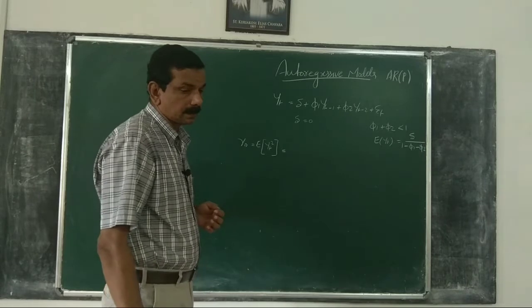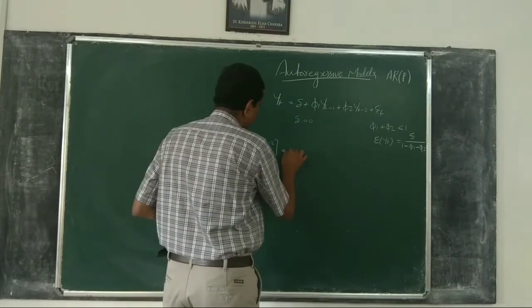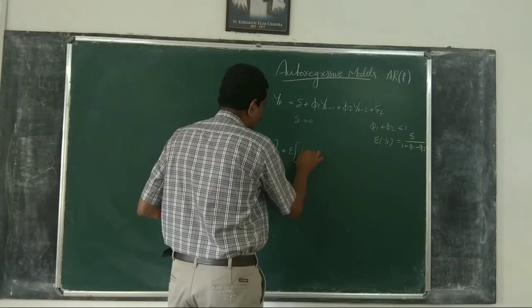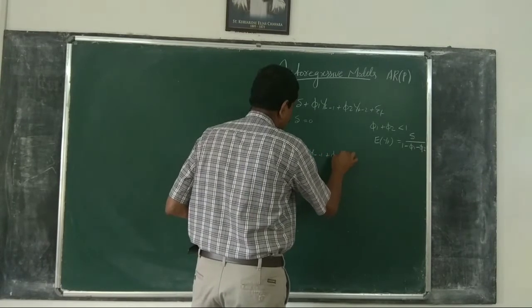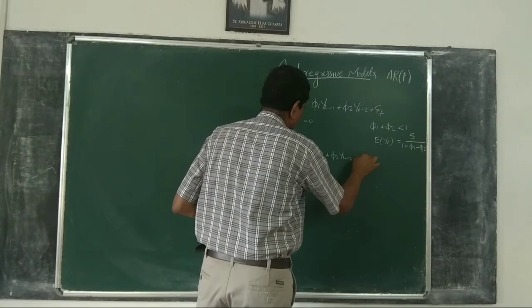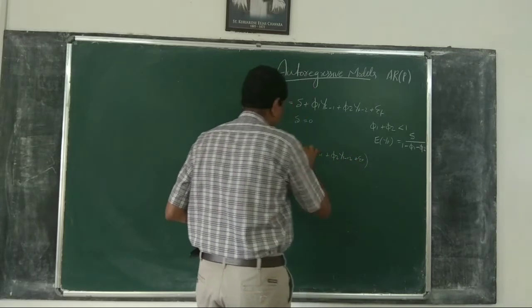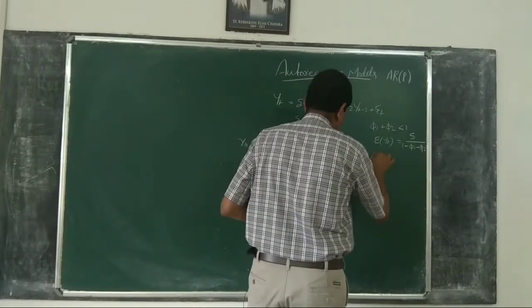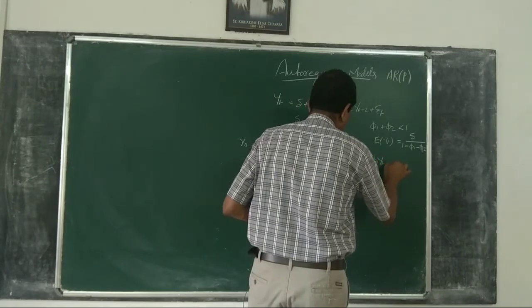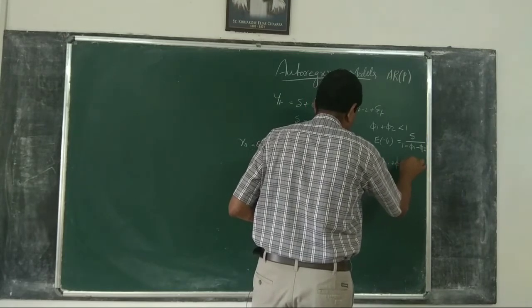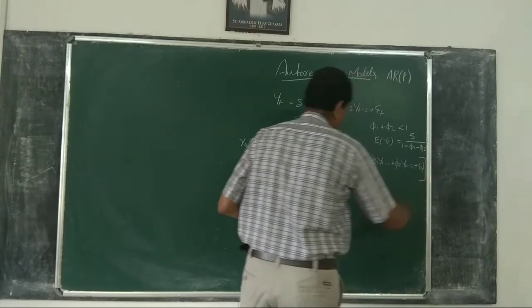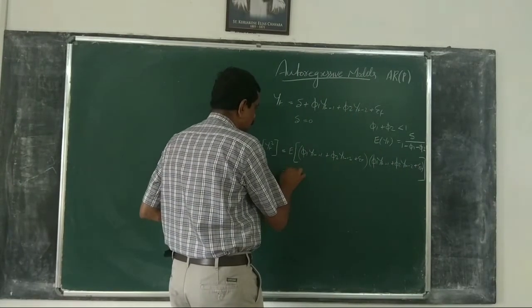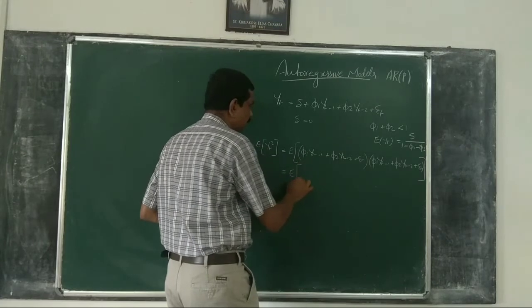That is, expected value of phi1 yt minus 1 plus phi2 yt minus 2 plus epsilon t into phi1 yt minus 1 plus phi2 yt minus 2 plus epsilon t.